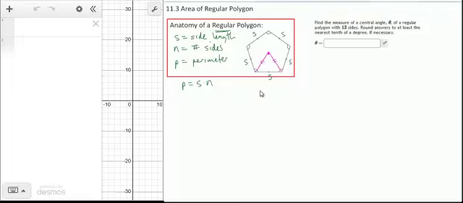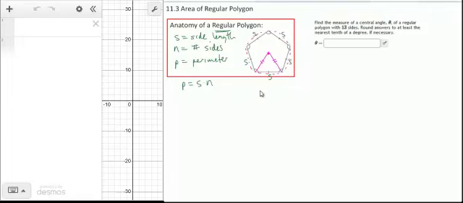This is because a regular polygon can always be inscribed in a circle, so the sides of this reference triangle are always going to be radii of the circle that encloses the polygon. So this is always going to be an isosceles triangle, which means you have a couple pieces of information about it.